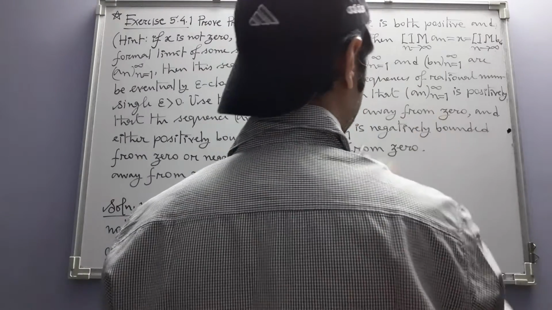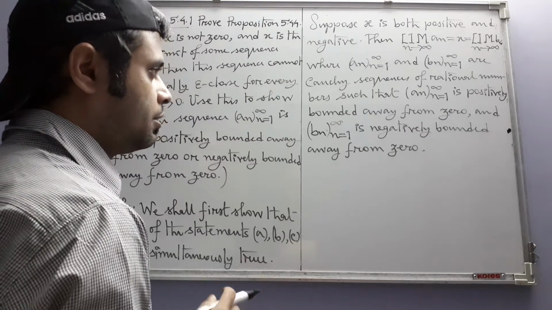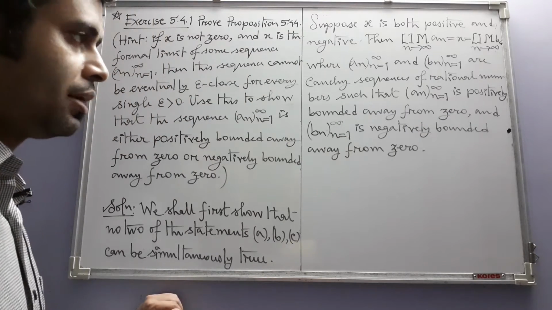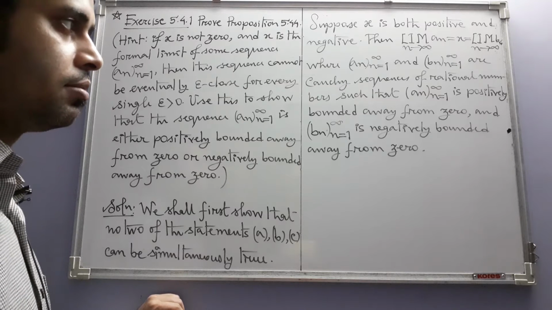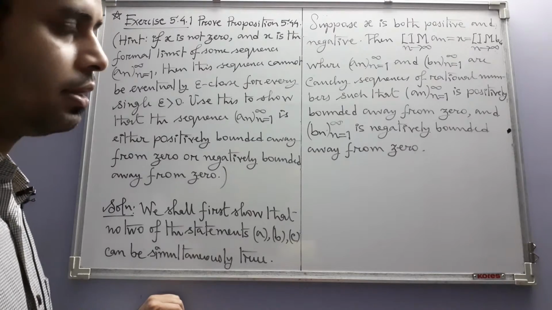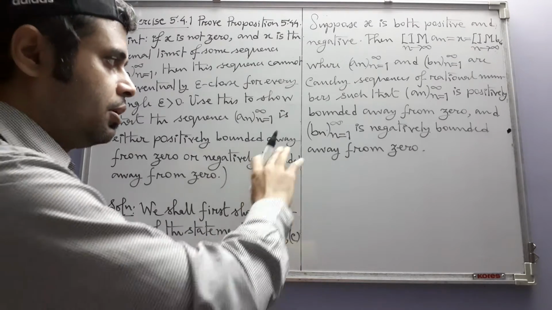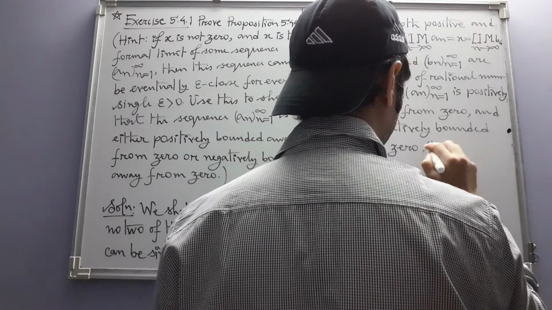Now, what does it mean for (an) to be positively bounded away from 0? Namely, that there is a positive rational number such that an is greater than or equal to that rational number for all the indices n, and similarly one for (bn), which is negatively bounded away from 0.